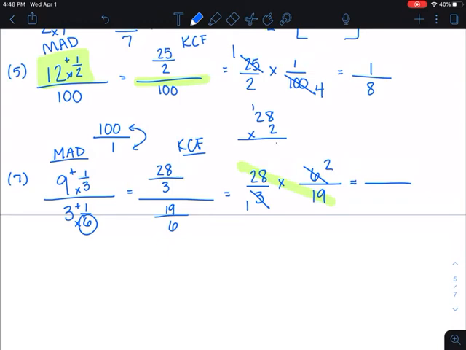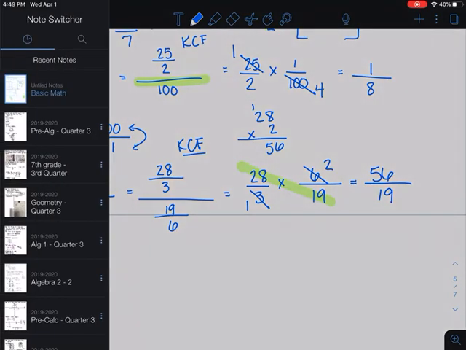We have 28 times 2. 2 times 8 is 16. 2 times 2 is 4, plus 1 is 5, so we have 56. And then 1 times 19 is 19. So we have an improper fraction as our answer, but we want to turn that into a mixed number.